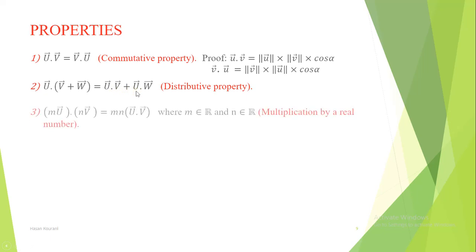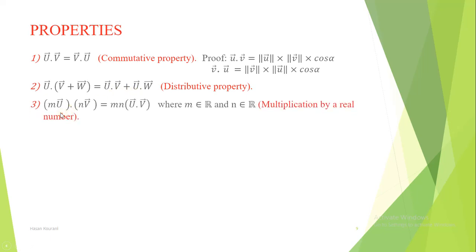Okay, the third property says that m u dot n v, where m and n are two real numbers, is equal to m times n. First we multiply the numbers and we keep the vectors in a parenthesis to make scalar product for them after we multiply m by n.